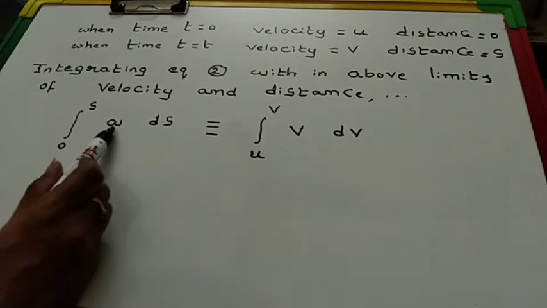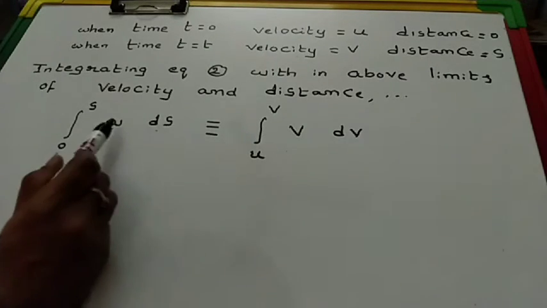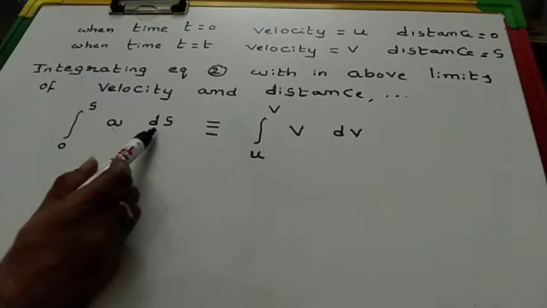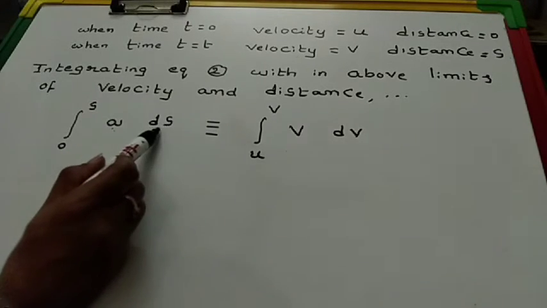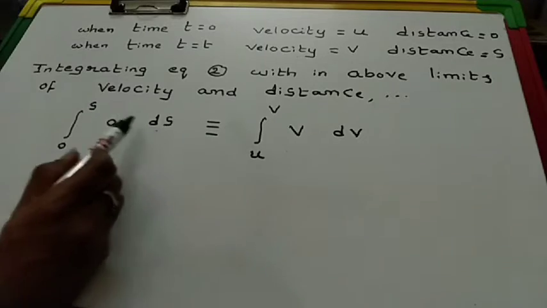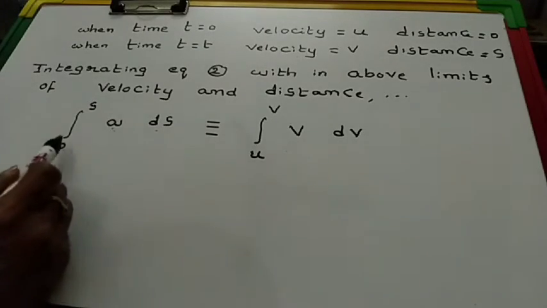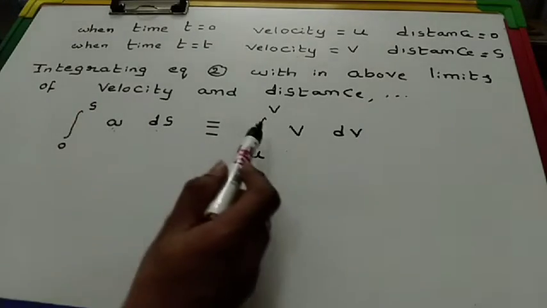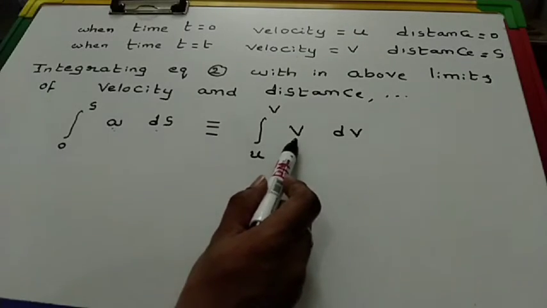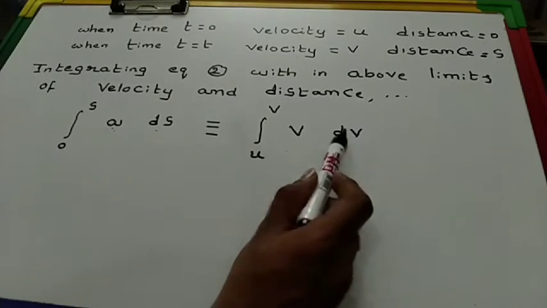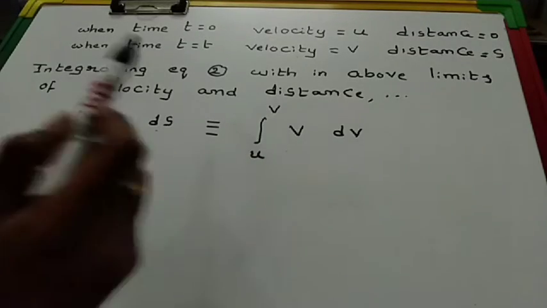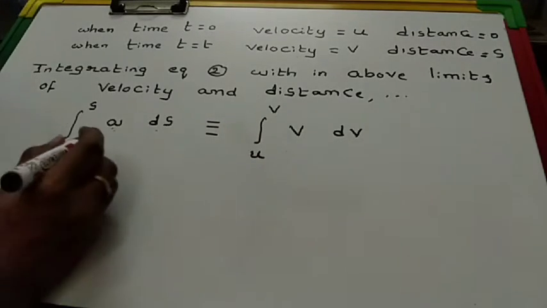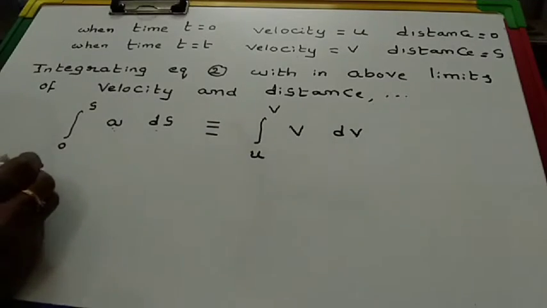But acceleration and distance are different physical quantities. Therefore acceleration becomes constant. Whereas in this case, this is also velocity, this is also velocity, that means small velocity. Integration is also in the form of velocity. Now take a outside.